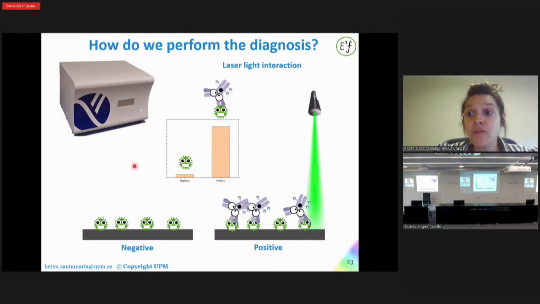Depending on the software included in this device, we can see if there are proteins with higher level, lower levels. If we include the calibration curve, we can also provide the concentration of these biomarkers and so on.